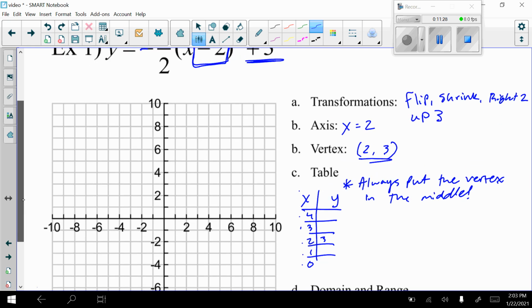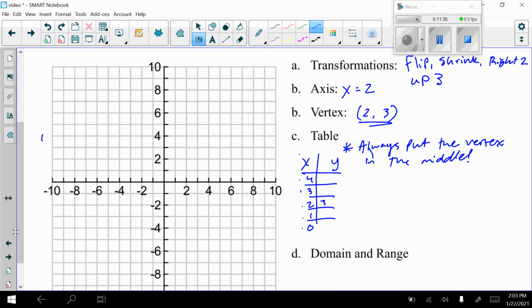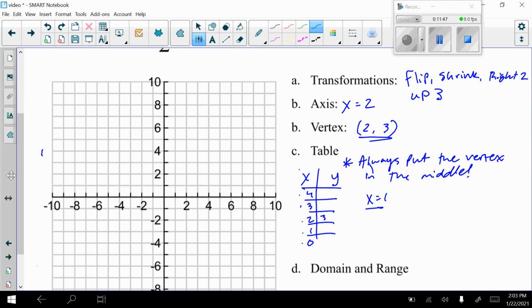Let's do x equals 1. My equation is y equals -1/2 (x minus 2) squared plus 3. I'm going to plug 1 in for x. It's going to look like this: y equals -1/2 times (1 minus 2) squared plus 3.